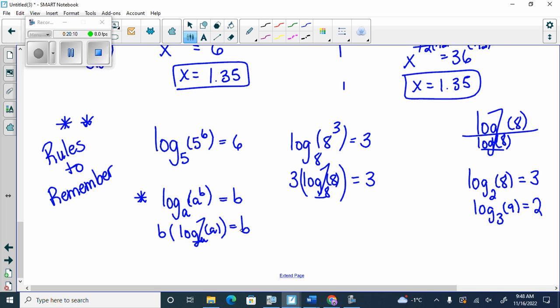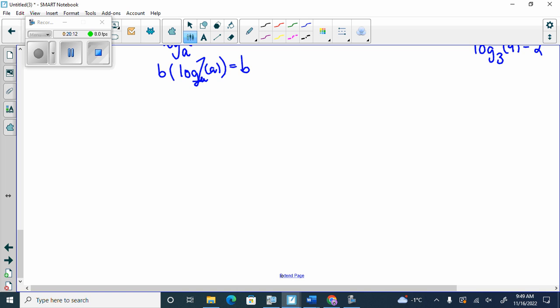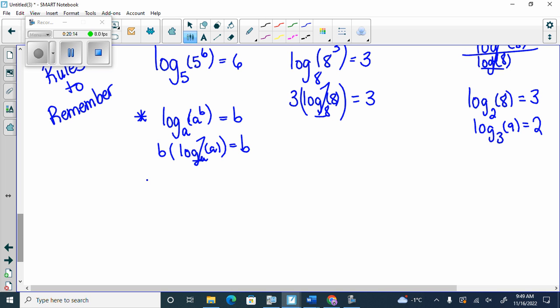Your other rule is, what if I do this? This is the other one that's forgotten about. Well, let's sidetrack and do some numbers instead of variables.